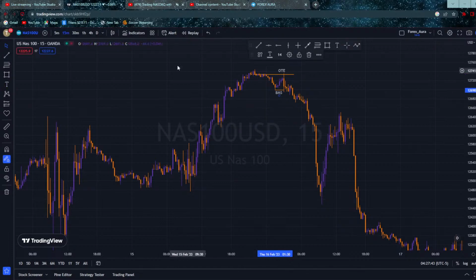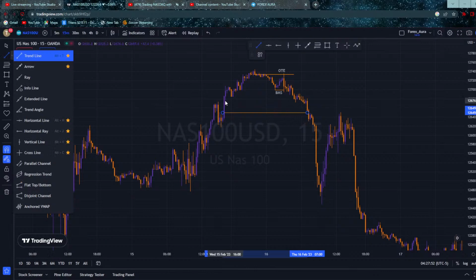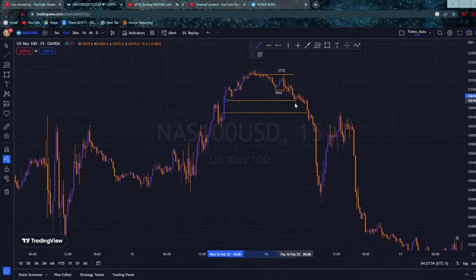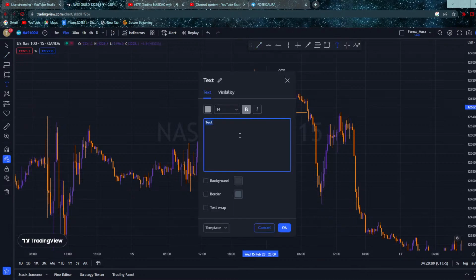Yeah, that is so perfect. And then you have your fair value gap, or should I say imbalance? Yeah, you'll decide which one to choose. Here, FVG.